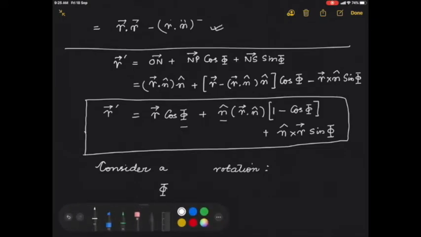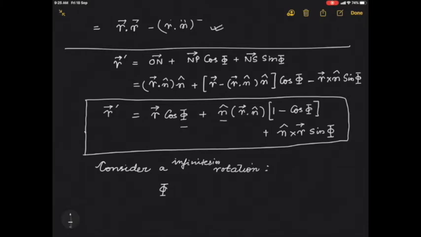So for phi, I take d phi, which stands for infinitesimal rotation.